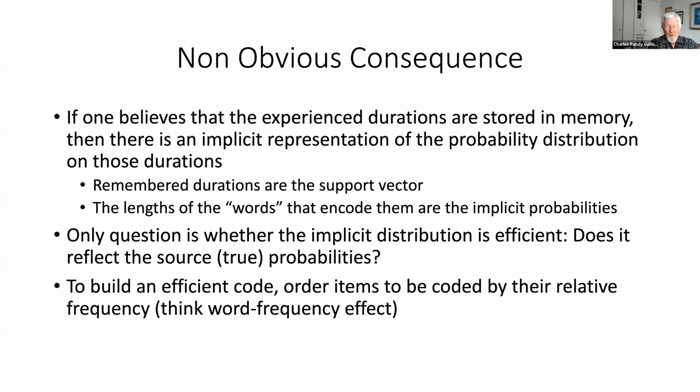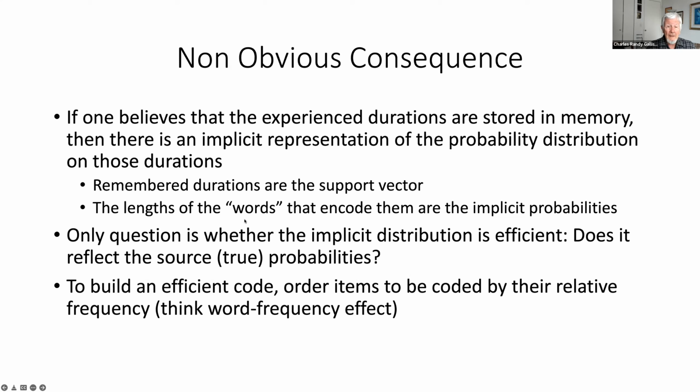Because at first one thinks, well, maybe there isn't even a representation of the distribution in the brain or in whatever device one is interested in. But a corollary of Shannon's coding theorem is, no, that can't be. If the system somehow remembers the different things in the support vector, remember, we're always talking about a support vector that maps to a probability vector.